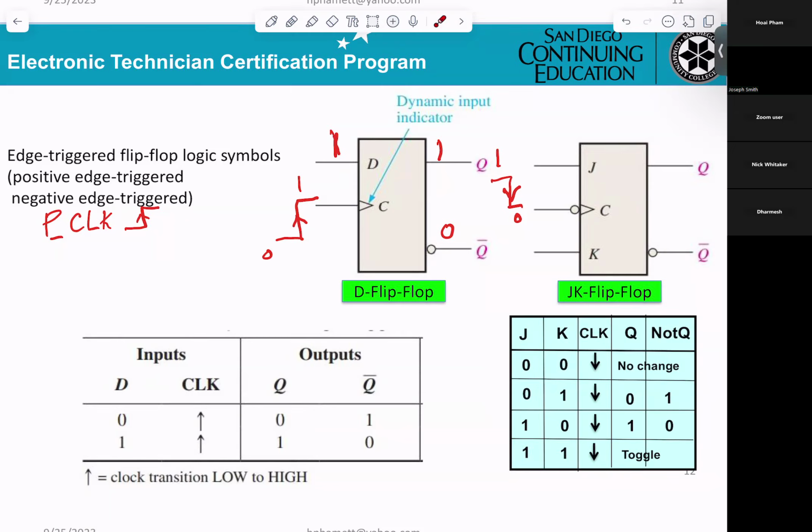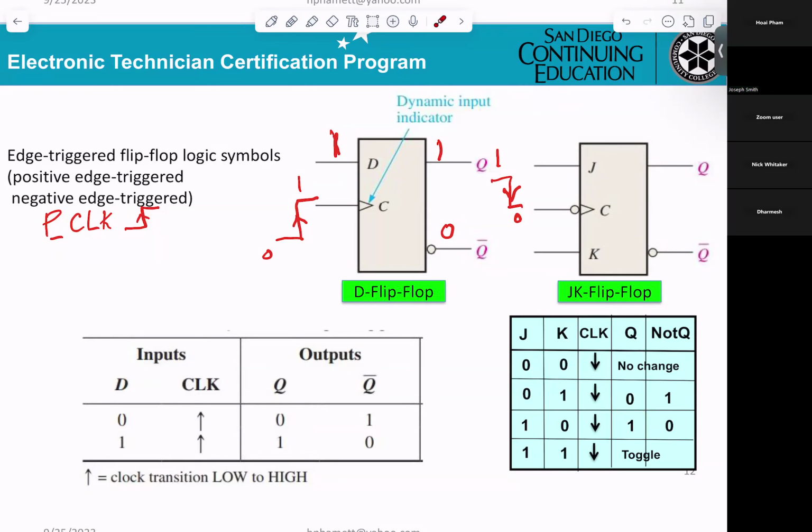J0, K1, clock going high to low, Q equals 0 and not Q equals 1. If J equals 1, K0, you get the clock, Q equals 1.